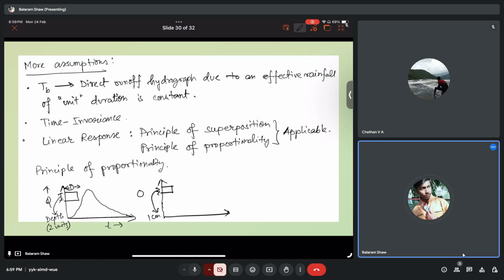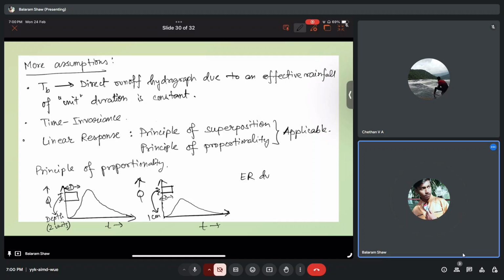Okay, this is Q, this is T. The same duration we have. Duration is T. In that case, what will happen? The ordinate of the direct runoff hydrograph will change, not the duration. So here the volume of the effective rainfall is changing, right?